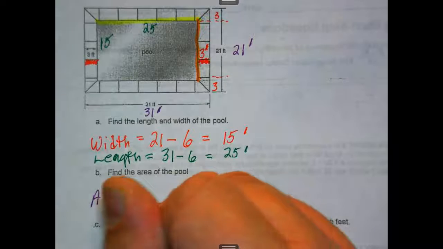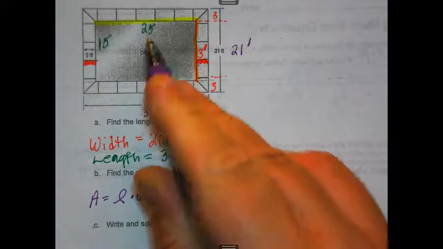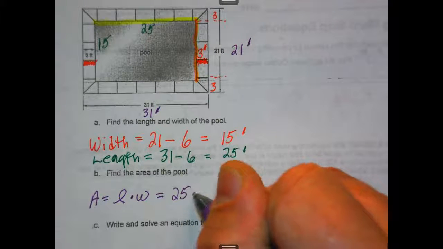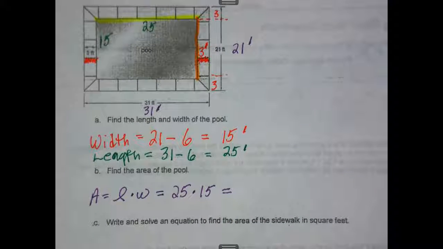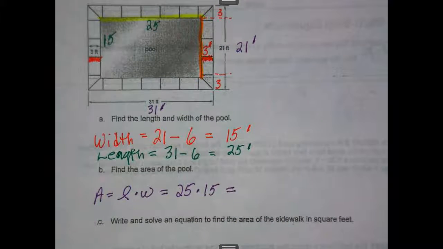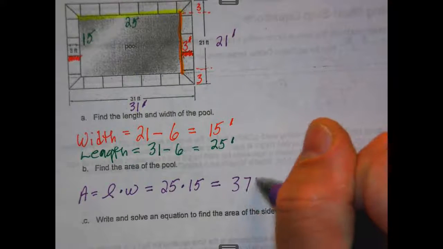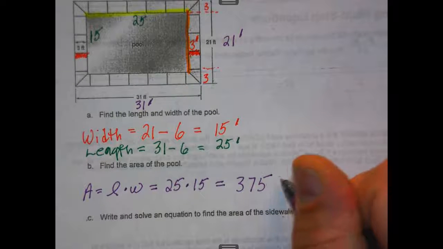Area equals length times width, 25 times 15. Use my handy dandy calculator. 375 square feet.